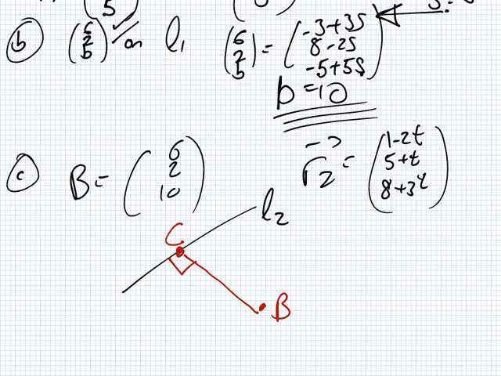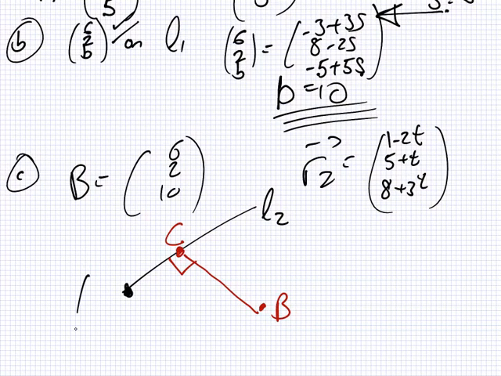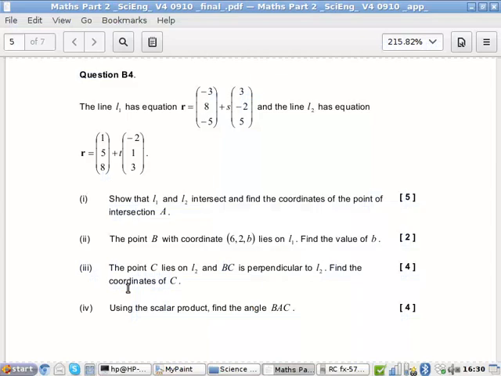So any ideas on how to find the C? Yes, you could use A. If we look at L2, where's L2? Here it is. So this point here is 1, 5, 8, which we can call A. Yeah, so what's your idea, Lee? Oh, did they call A the intersection point?